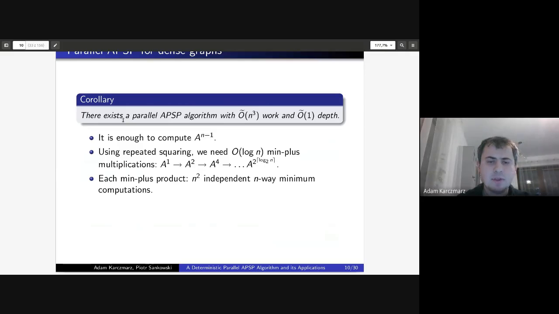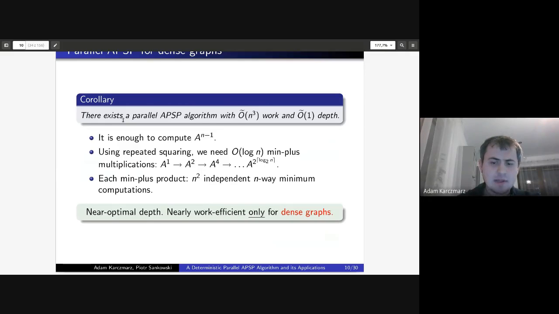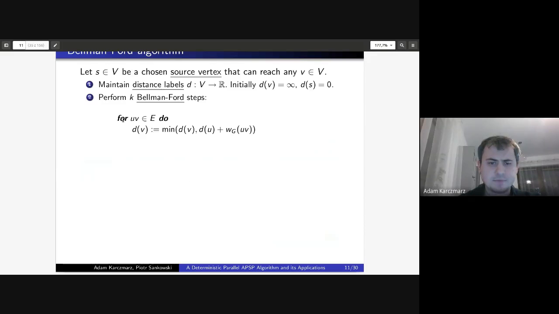So using repeated squaring, we use log n min-plus products. Each min-plus product is basically n squared independent n-way computations of minima, so it has nearly constant depth. And that's why the depth of the algorithm is also nearly constant. However, obviously, this algorithm is work efficient only for very dense graphs.